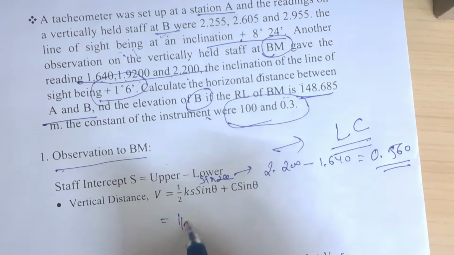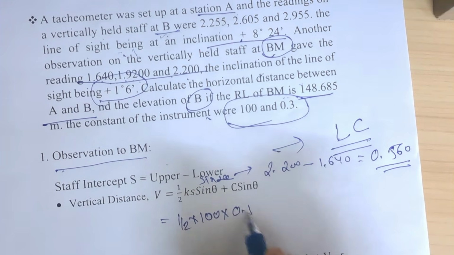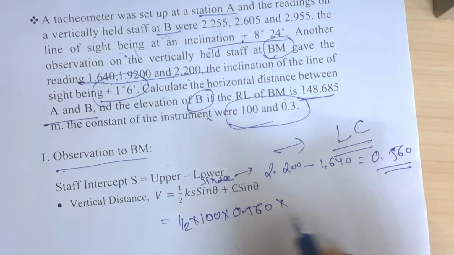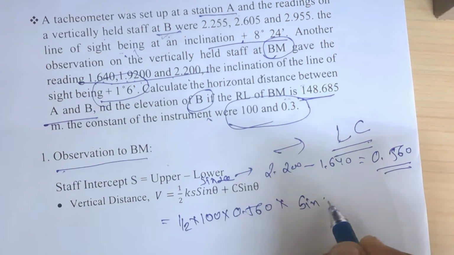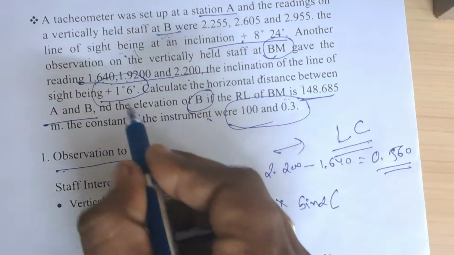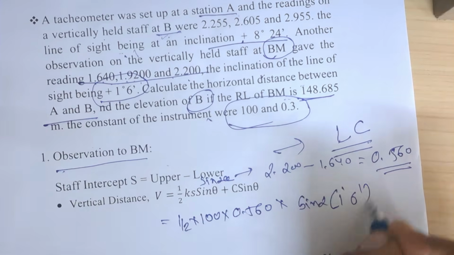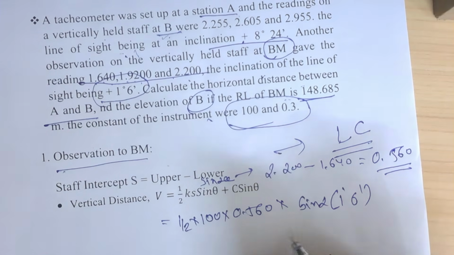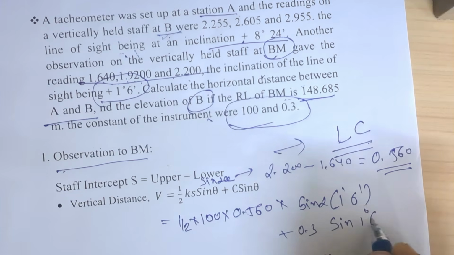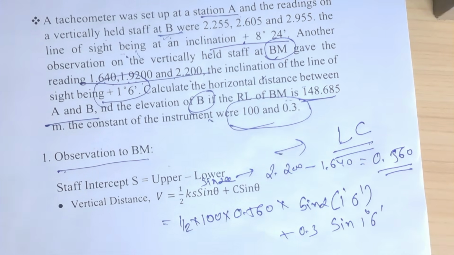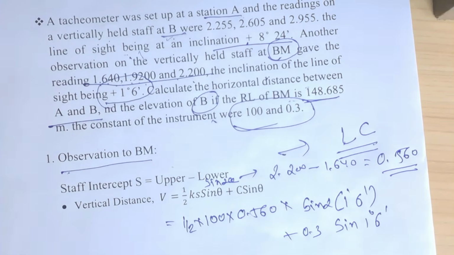So 1/2 k will be your 100, s that is 0.560, and sine 2 theta is already given to you, that is 1 degree 6 minutes, plus 0.3 and sine 1 degree 6 minutes. That is the formula that we need to put the value in.